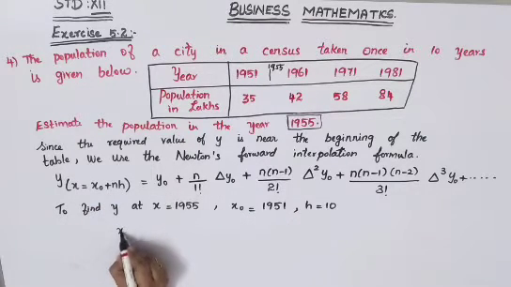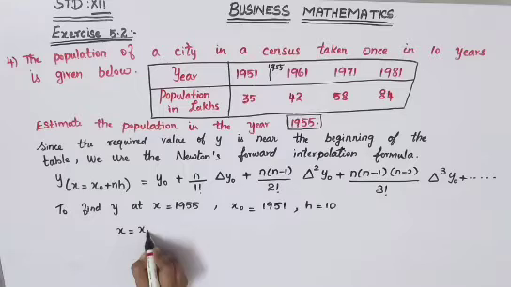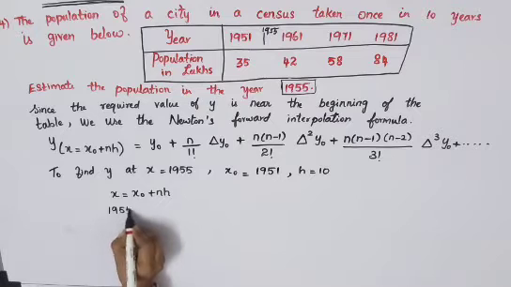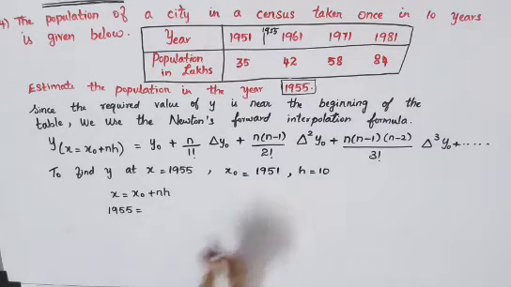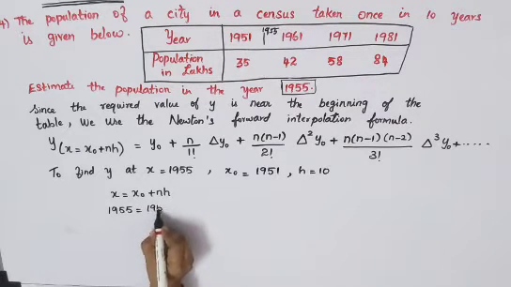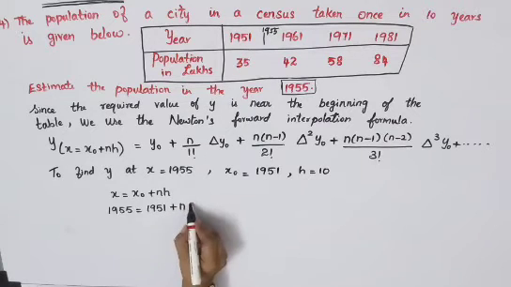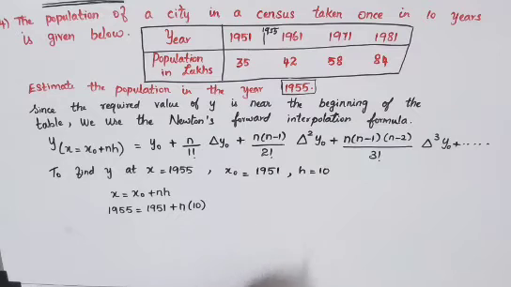Now substitute this x0 and h in x is equal to x0 plus nh. We substitute 1955 equals 1951 plus n into 10. Now we will have to find n from here.